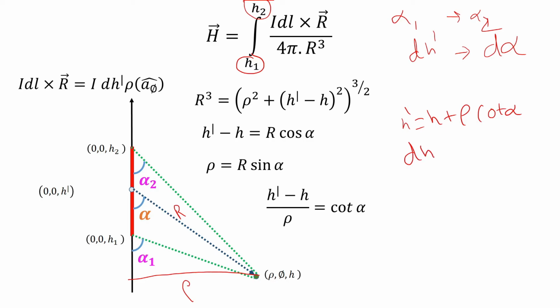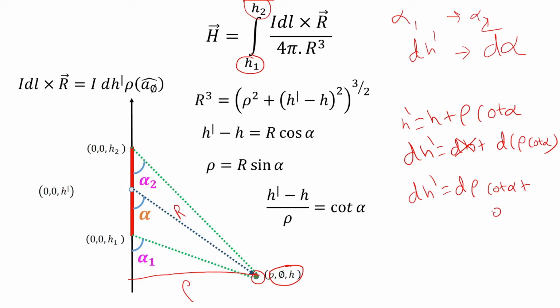So dh dash is equal to dh plus d of rho cot alpha, in that dh is not changing as long as this point is not changing, and we are calculating the magnetic field intensity at this point only, hence dh is 0. So dh dash is equal to d rho cot alpha plus rho times d cot alpha by applying uv.